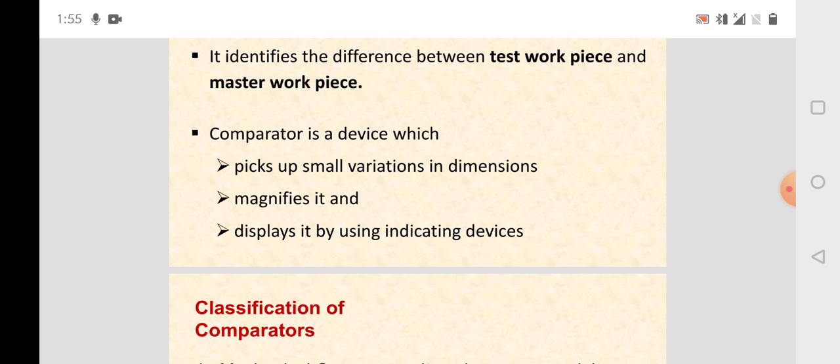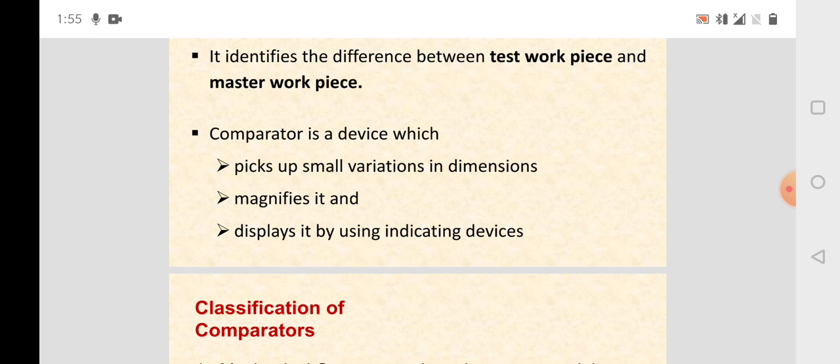So what it does is pick up the small variations between the dimension of the workpiece to be tested and the basic size, that is the standard dimension. These variations are picked up with the help of the comparator, then it magnifies them, converts them into some reading, and displays it on the indicator.